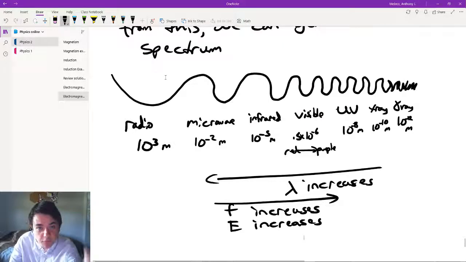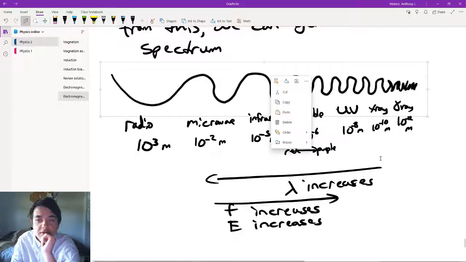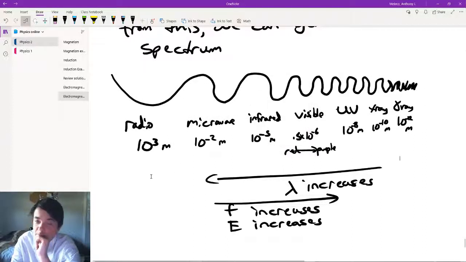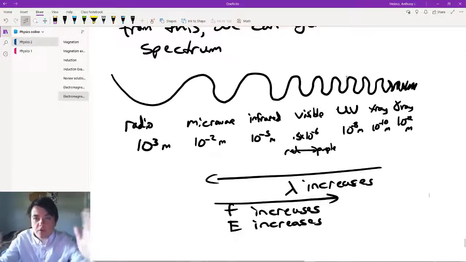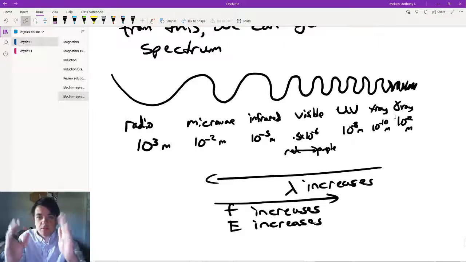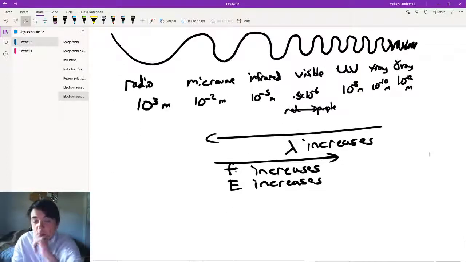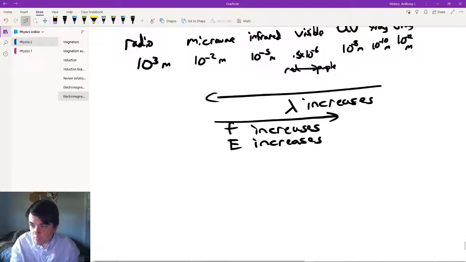So the wavelength, right, is the length between the different points. So here to here, okay, is the wavelength of that wave, and it's measured in meters. It's a length, okay? Whereas when you start to get smaller and smaller on these, the wavelength decreases and the waves compress together, meaning the frequency of the wave goes up because the number of cycles increases, because your wavelength is smaller. And of course, energy increases with that as well.